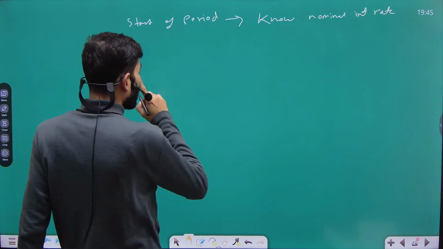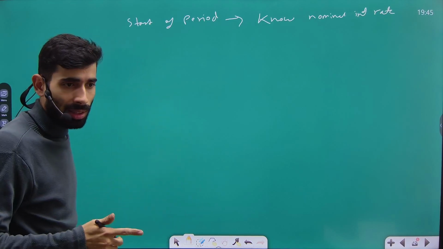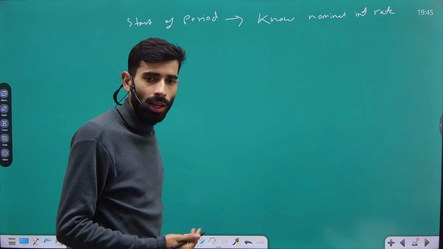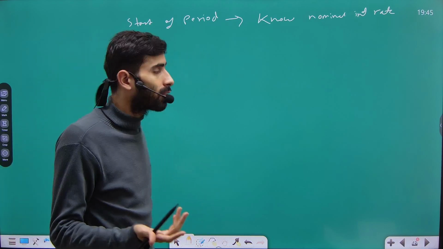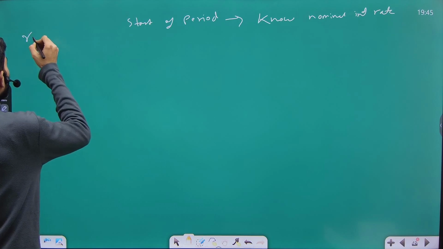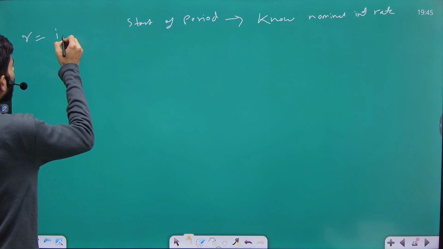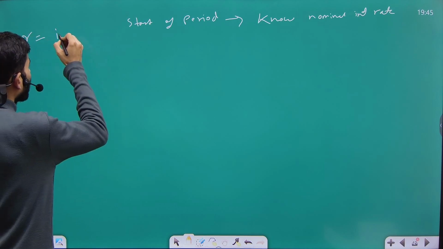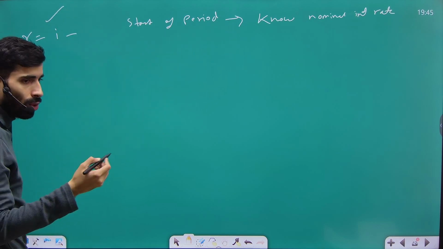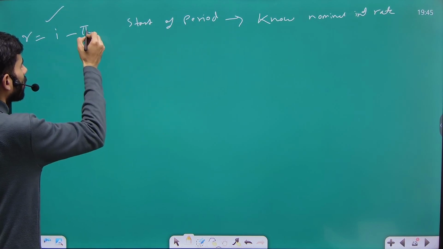But as we saw, the real interest rate is the major variable that we should consider while undertaking investment decisions or borrowing decisions. But to calculate the real interest rate, we need to know the nominal interest rate, which we know here, that's okay. But we also need to know the inflation rate, that is pi.